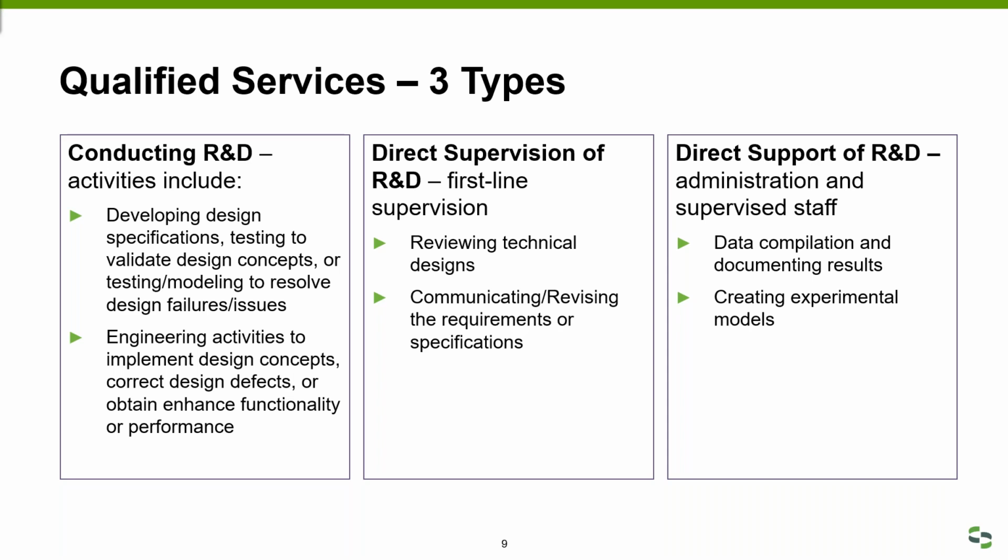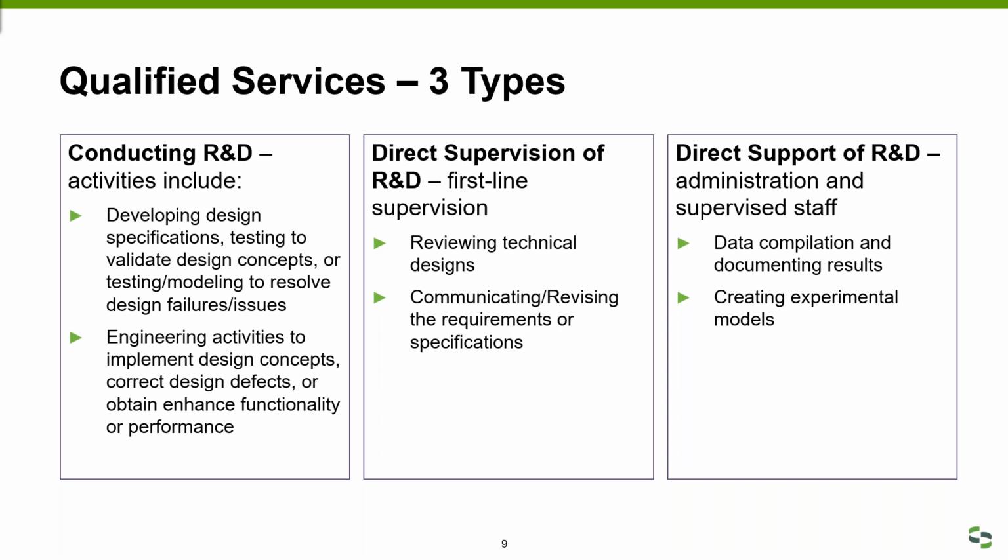And then who are those people that are directly supporting? So as we mentioned, it's a predominantly labor-based subsidy. And so all three of these wage types of these individuals that are performing the R&D activity, those that conduct, those that directly supervise, and those that ultimately directly support.